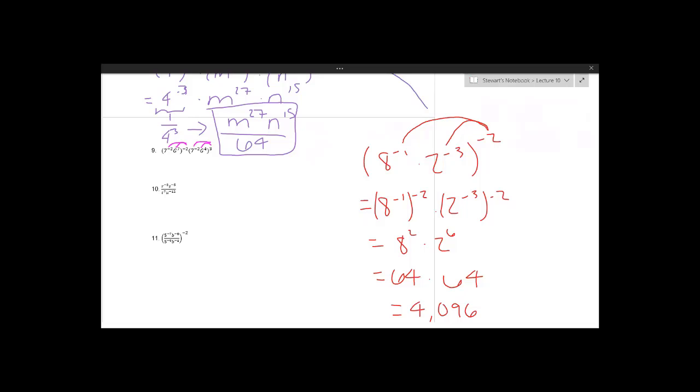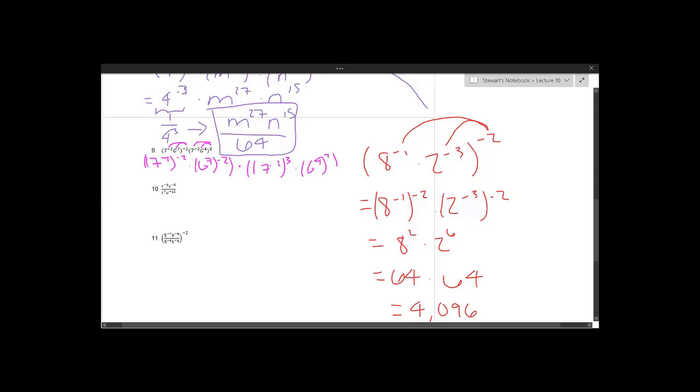So this negative 2 gets applied to the 7 to the negative second and g to the 7th. So as one quantity, we'd have 7 to the negative second to the negative second times g to the 7th to the negative second, which we have to evaluate first, then times 7 to the negative second cubed times g to the 4th cubed.